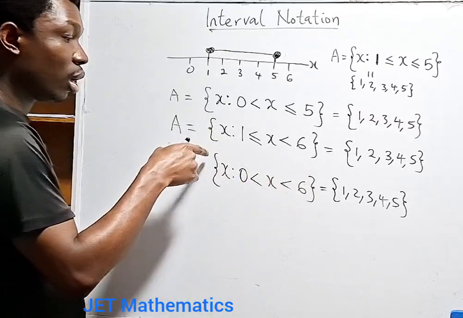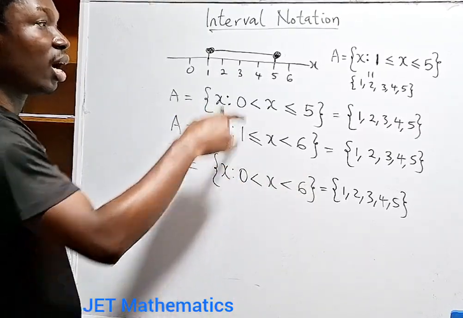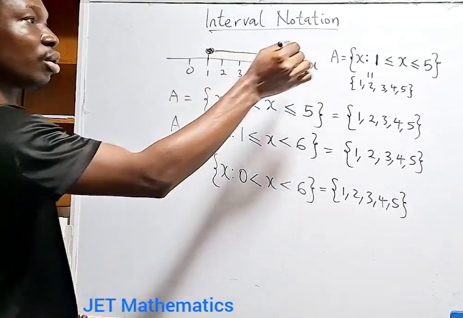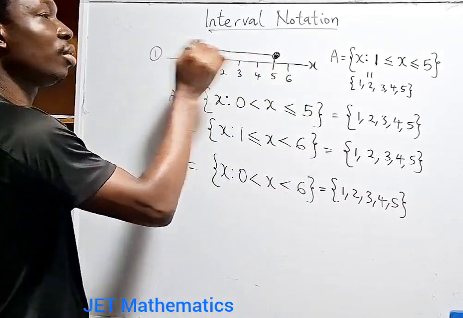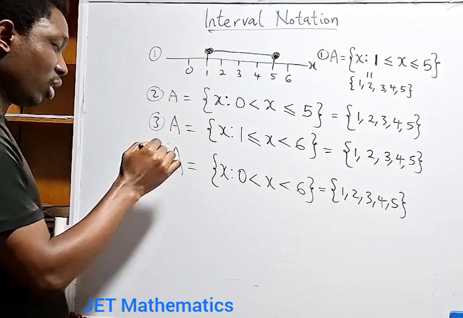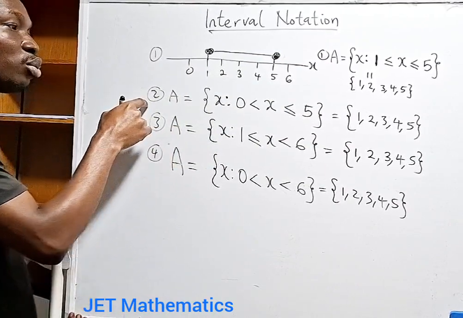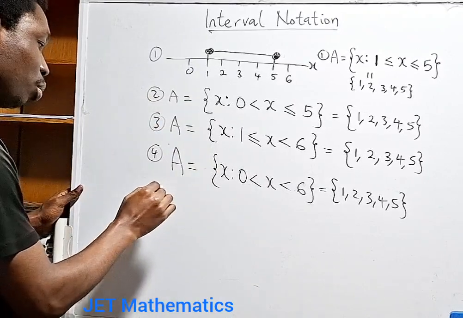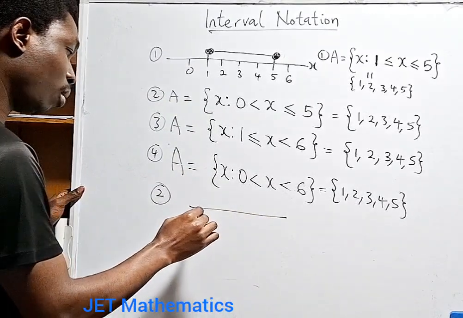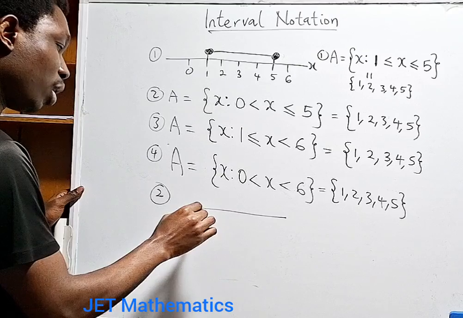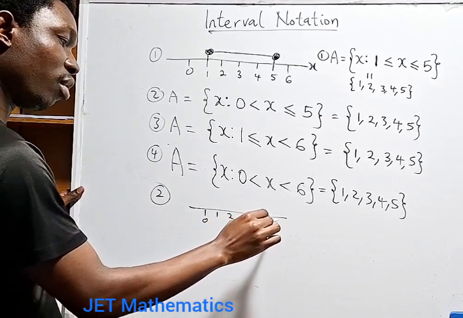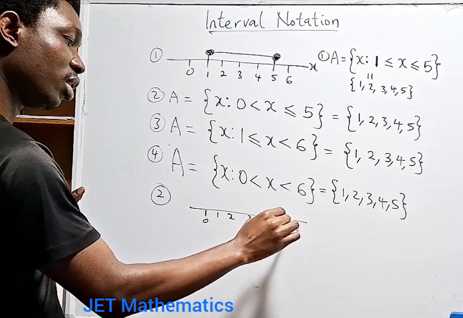But mind you, all these four sets have different diagrams. Let's call this 1. This is 2, this is 3, this is 4. Now for 2, the diagram will be, we have the set from 0, 1, 2, 3, 4, 5, 6.